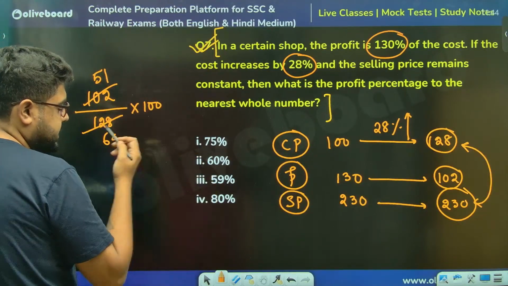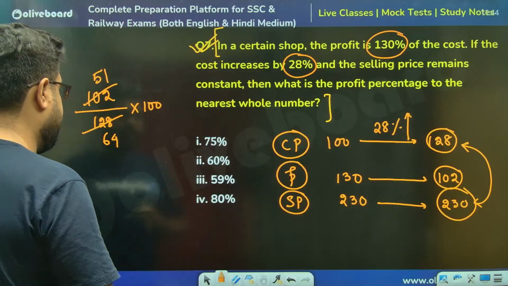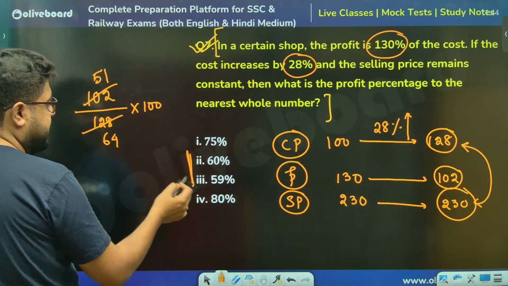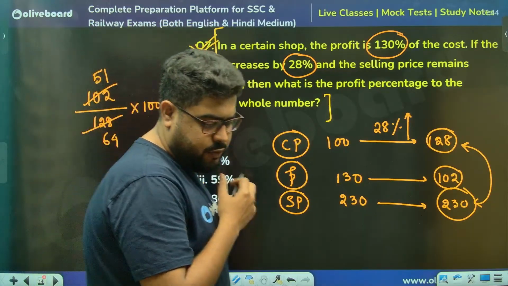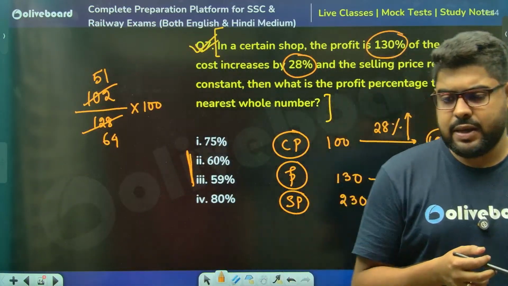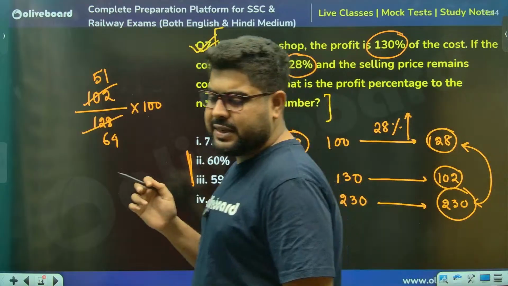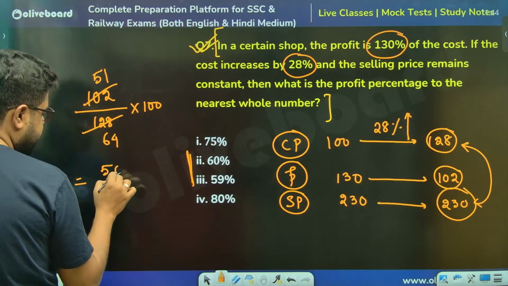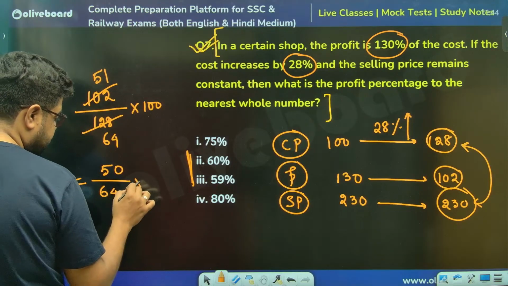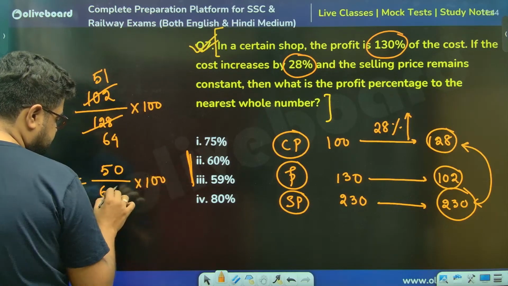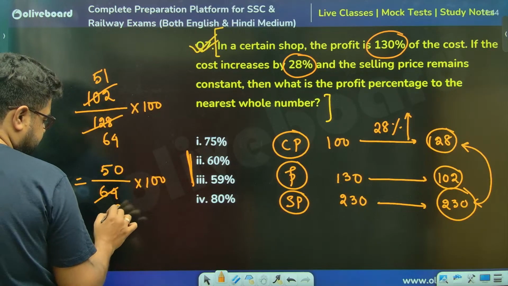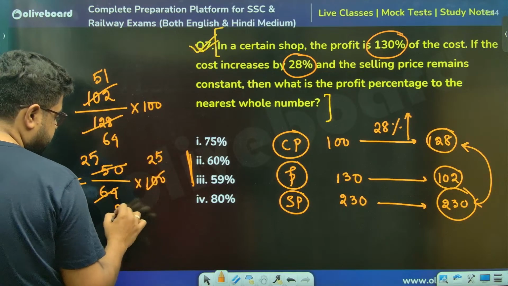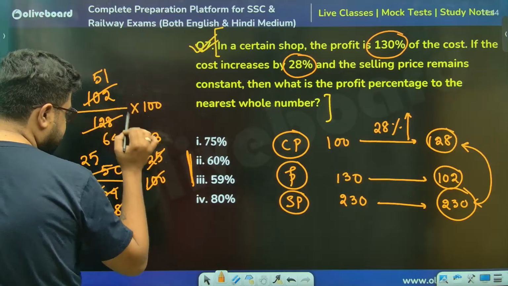Nearest whole number, 59 or 60. I am skeptical, it may need to be rounded up. Again, 51 by 64 will come around 80%, but still, let us do one thing. 50 by 64 into 100 if I do. I'm just approximating a bit here and there. So 8 eights are 64, and this is 25 and this is 25. Let us take this as almost 3.